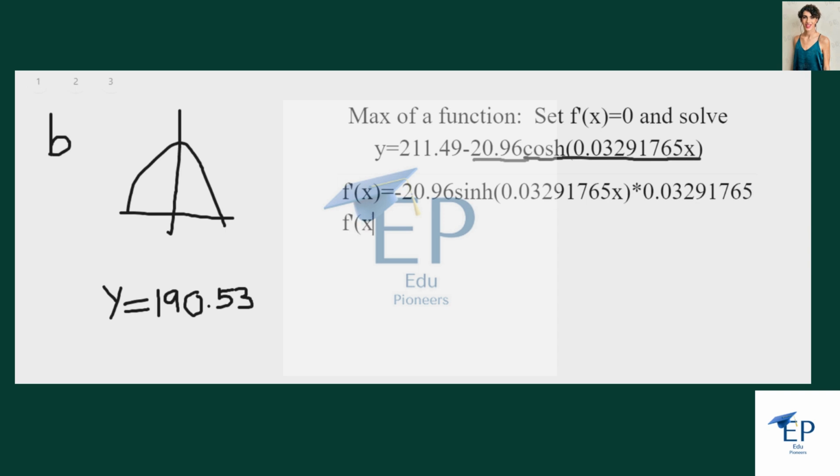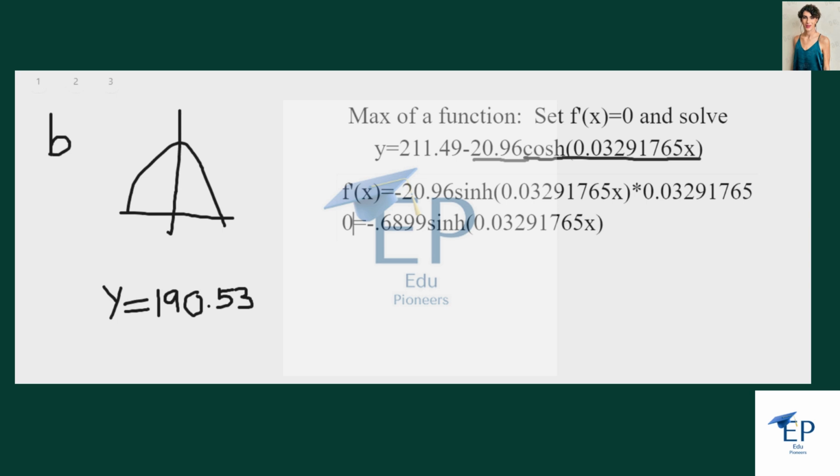We have f prime of x is equal to, when you do that, you should get negative 0.6899 sine hyperbolic 0.03291765x. Okay, we're setting this equal to 0. So we're going to change this to 0, and we're going to solve this.